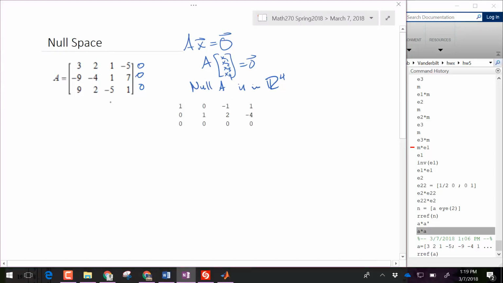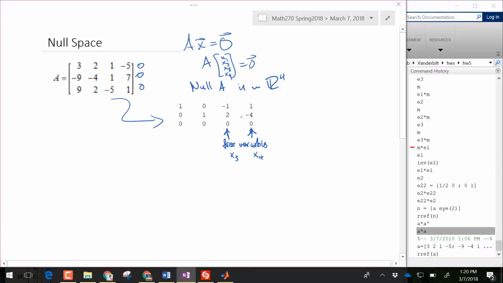We have the row-reduced version of the matrix, right? We found the pivot columns here, which means the other columns are free variables. Now we can talk about free variables because we're looking at this system where you have an x in there. So we got x4 and x3 as free variables.